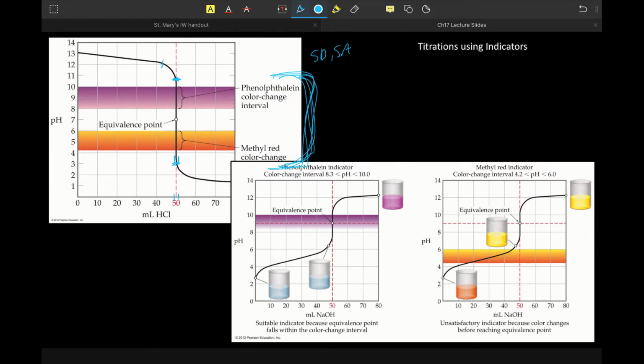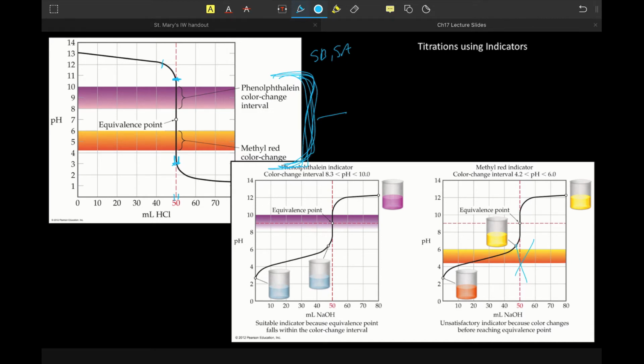Obviously, like we've talked about previously, when we talk about weak acids or weak bases, that window gets smaller and our choice of indicator has to be more thoughtful. Both indicators here, phenolphthalein and methyl red, are appropriate for a strong acid, strong base titration. The methyl red would not be useful for this weak acid titration because it changes color before we get to the equivalence point.